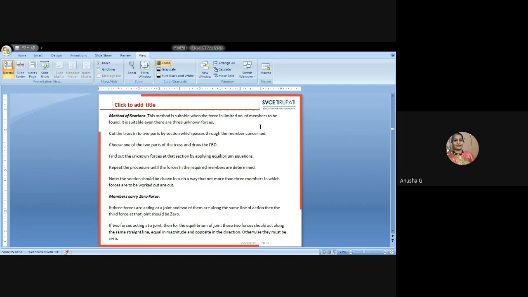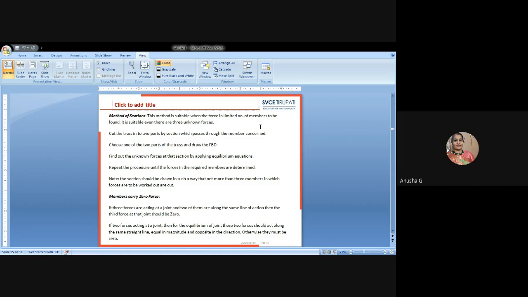We have to cut the truss into two parts by a section which passes through the member of interest, and then choose one of the two parts of the truss, draw the free body diagram, and find the unknown forces at the section by applying the equilibrium conditions. Then we repeat the same process for the required members.